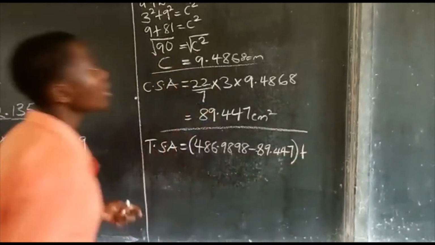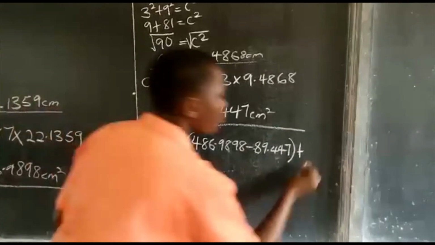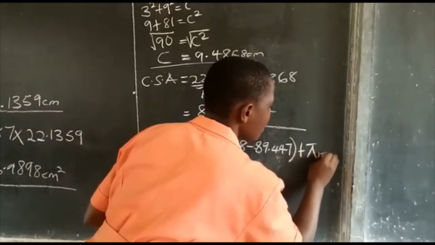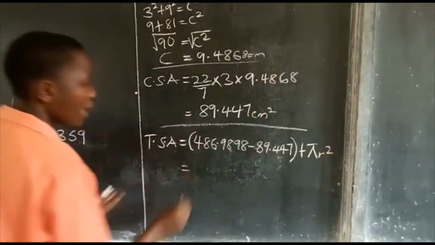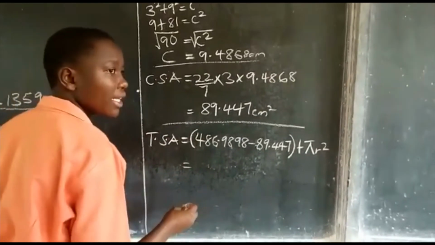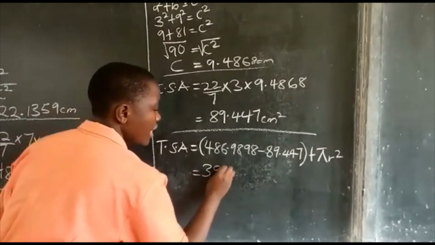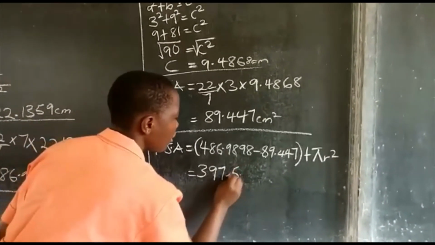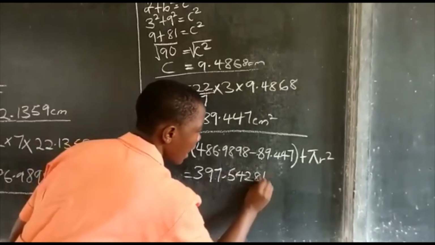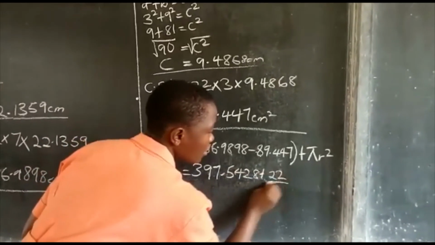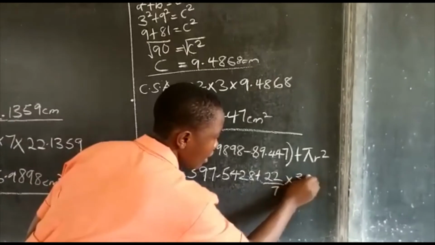And we shall add on the area of our circle, which is pi r squared. When you find the difference between the two, it's 397.5428 plus 22 out of 7 times 3 times 3.